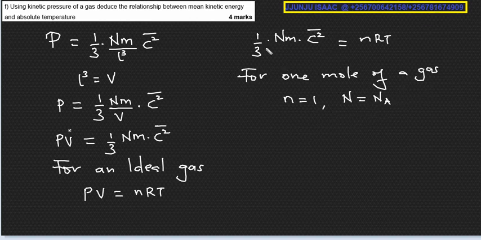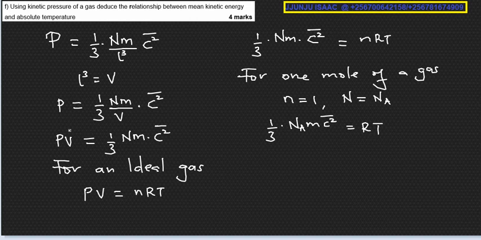So if we substitute these two in this expression, we shall get a third times Na times mass times the mean square speed equal to RT.